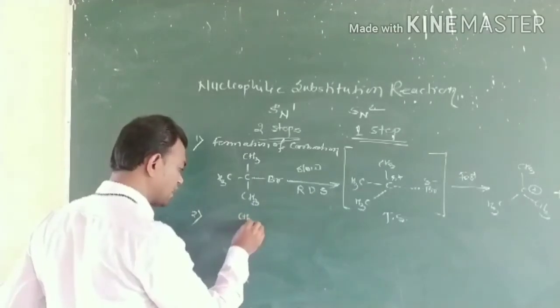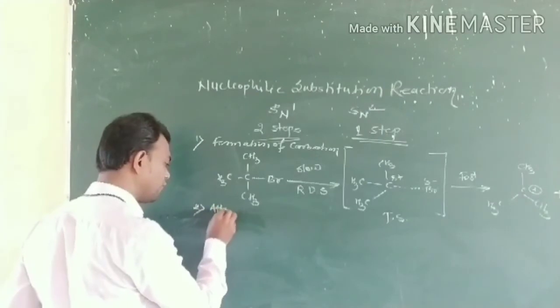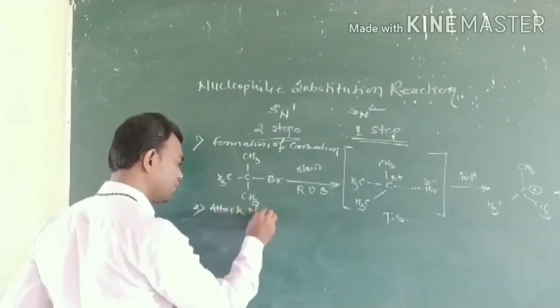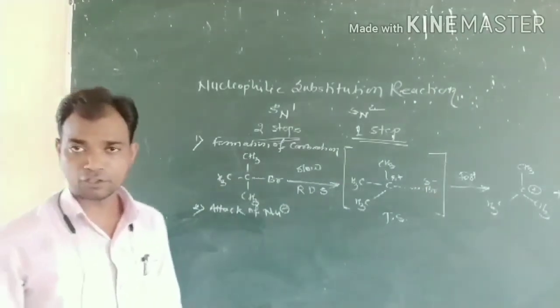In the second step, what happens? The carbocation formed, that is the second step, attack of nucleophile, or formation of product.